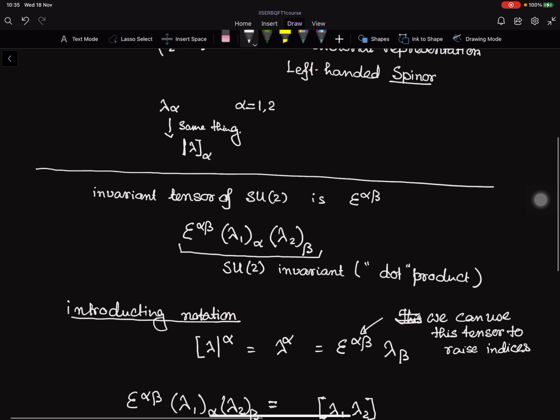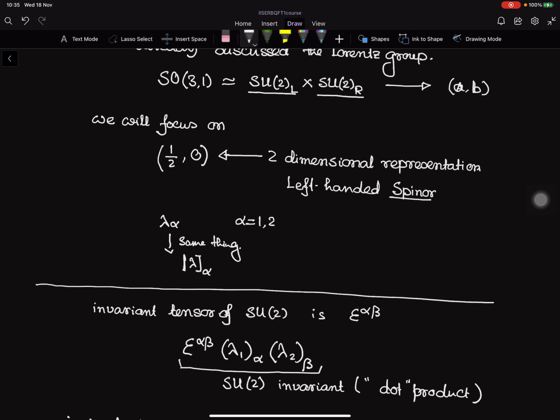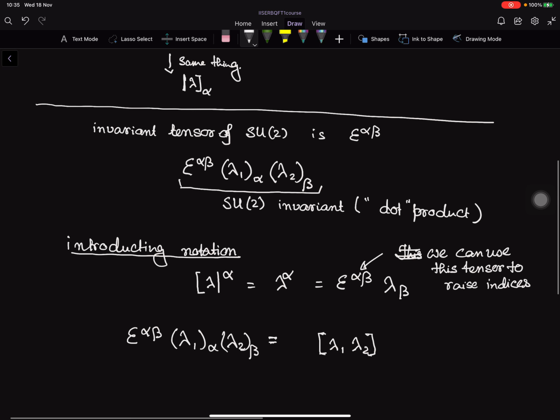So this is a very quick introduction to what we mean by left-handed spinors. Again, it's a two-dimensional representation, so it has two complex components, and the invariant object that you can write down is this thing.